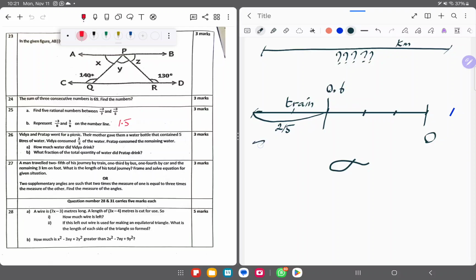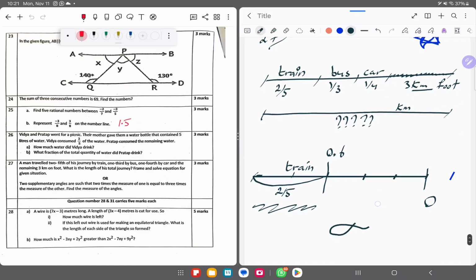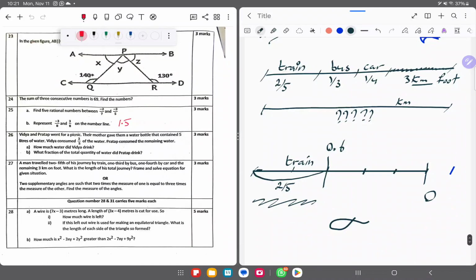I have used this part, so I cannot think about it anymore. Now I need to consider 1 over 4 of the journey, so I need to consider 0.25. 1, 2, 3, 4.